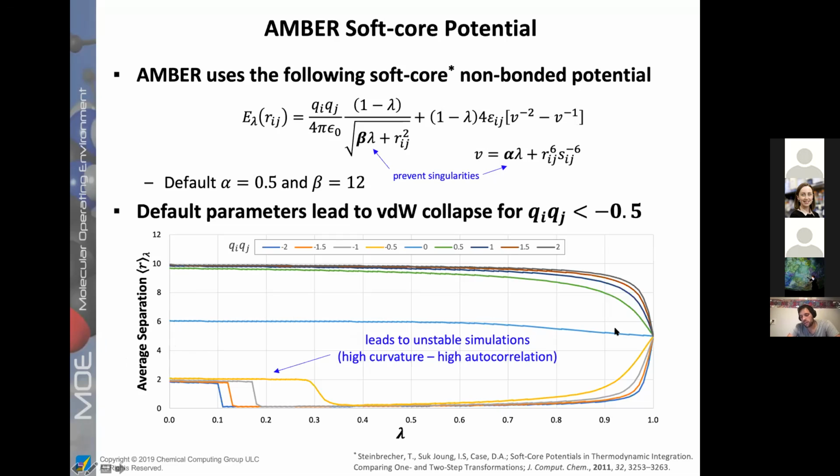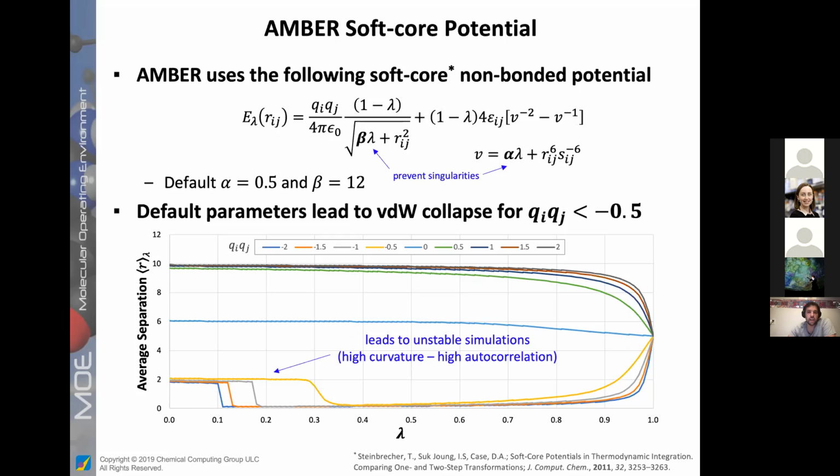And then over the course of the lambda transformation, we go then to also Brownian motion. However, when we have an attractive force, either minus 0.5 up to -2, at the beginning, when the two particles are fully there and the force field is the regular force field, we have a distance similar to a salt bridge. But when the soft Coulomb potential in Amber kicks in, we quickly see singularities.